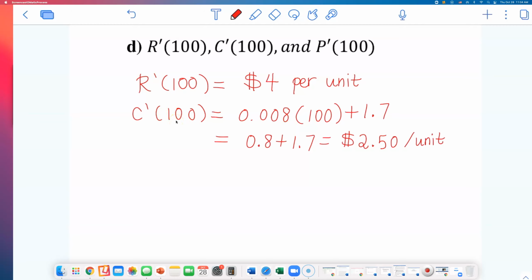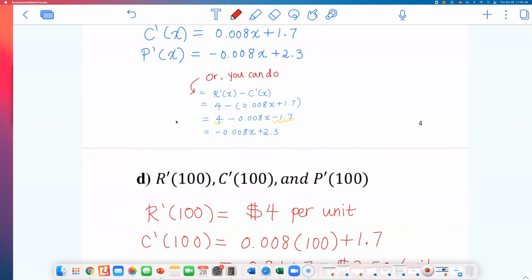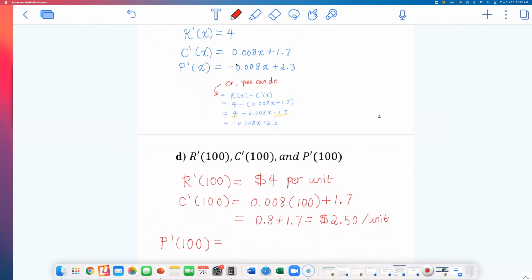All right, how about the last one? p prime of 100. Now I can plug this into the derivative function that we found, or we can just subtract r prime of 100 minus c prime of 100. But you know, why not? I'll go ahead and just plug it in, and I will also subtract to see if we get the same answer, okay? So if I plug it into this p prime, the marginal profit function, I will get negative 0.008 times 100 plus 2.3.